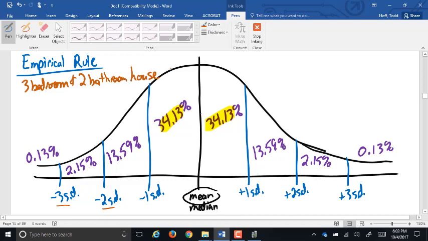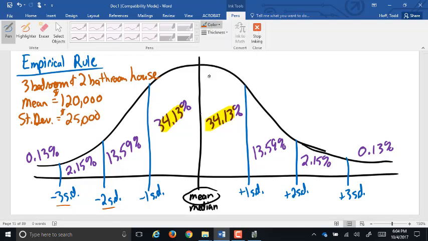And you do some research and you find that in the area you are looking to buy, of all of the 3-bedroom, 2-bathroom homes that have sold in the last period of time, the mean is $120,000. And the standard deviation, let's go with $25,000.